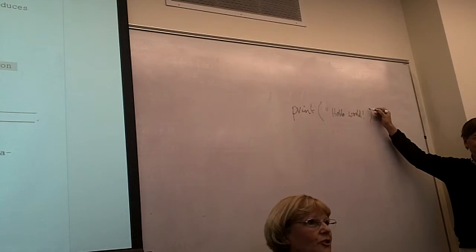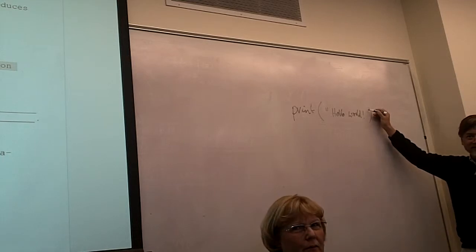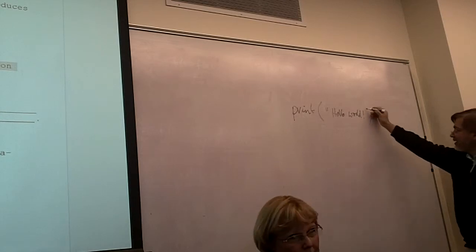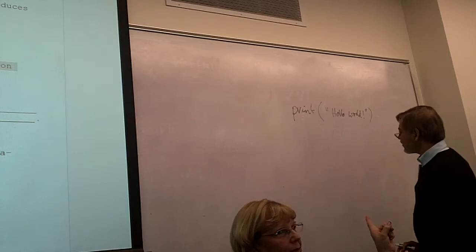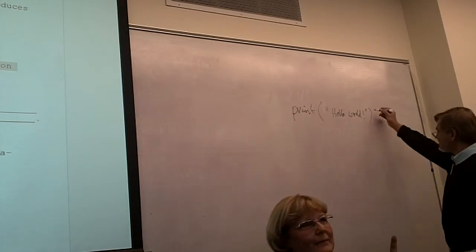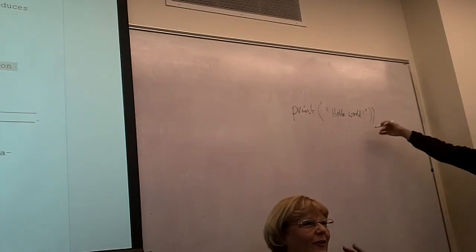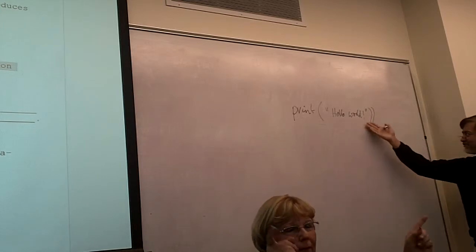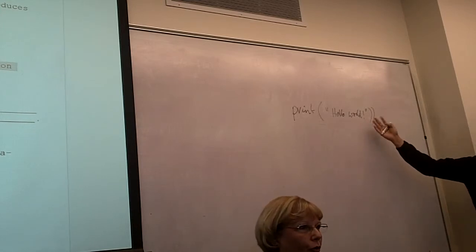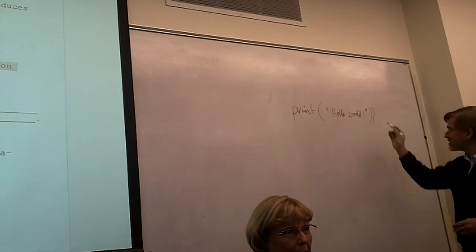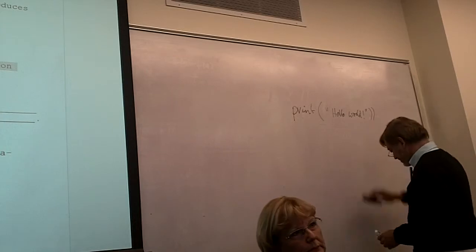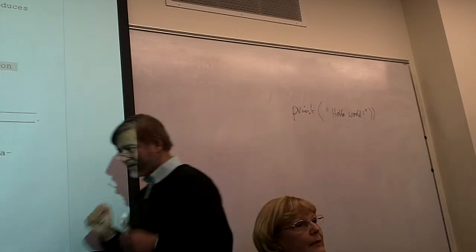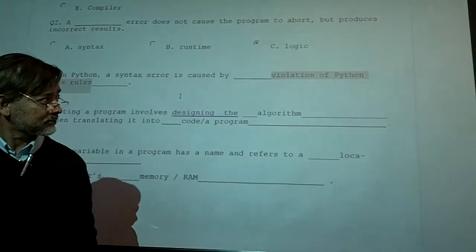So it'll be like print, open parenthesis, quote, hello world, quote, right parenthesis. That's how it should be. But just missing that, or another common error is just having an extra pair of closing parentheses. I mean, here it's hard to imagine how you would do that, but in a more complex expression, the parentheses may not match. They should pair up.